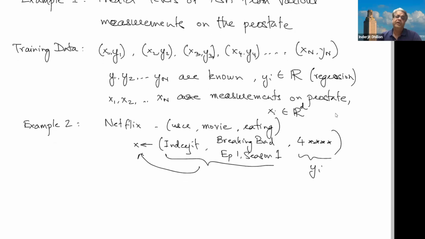The reason I mention it is there was actually a $1 million Netflix prize about 20 years ago that Netflix sponsored. They said they would release some ratings, I forget how many. Of course, they did not release any user features because of privacy, but they gave a user ID, a movie, and the rating of the movie.